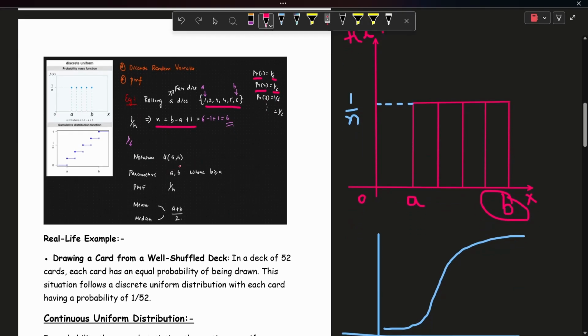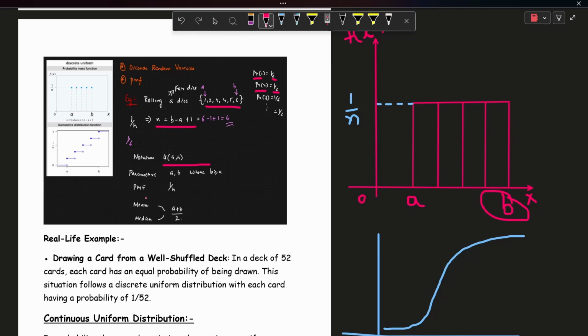We'll write it as a comma b, and the parameters used in this discrete uniform distribution are a and b, where b is greater than or equal to a. This b should always be greater than or equal to a, then only we'll use this discrete uniform distribution.